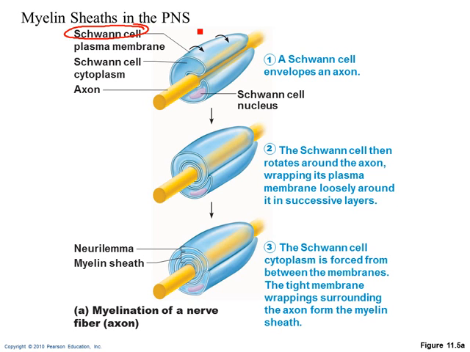So here we've got our biscuit dough, and we're wrapping it around this axon. And as we do that, the nucleus keeps getting pushed to the outside. So the outside layer is called the neurolemma. That's the layer that basically winds up with the nucleus in it. So the outside layer is the neurolemma, and a Schwann cell basically just wraps itself around an axon like a pig in a blanket. That's the easiest way to think about it.